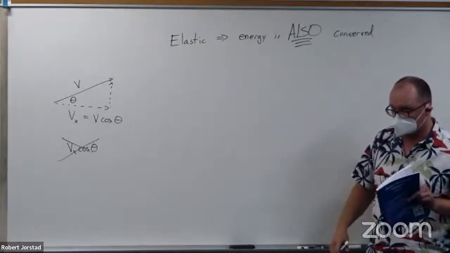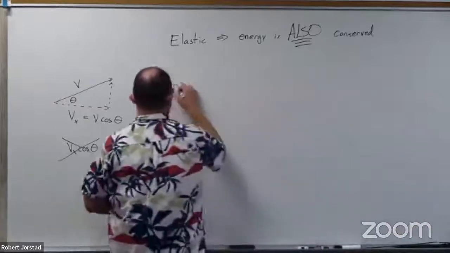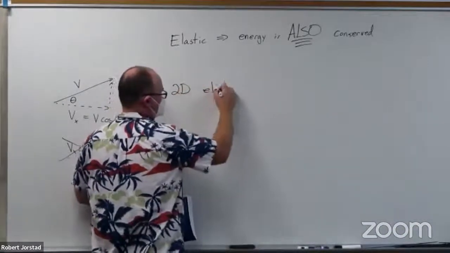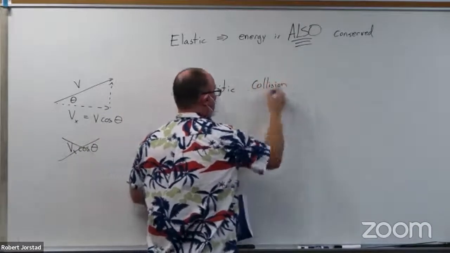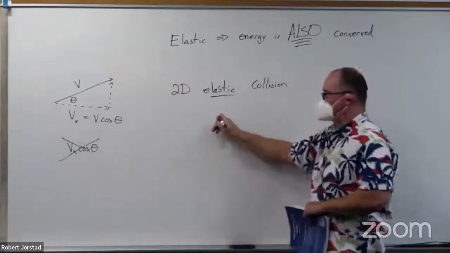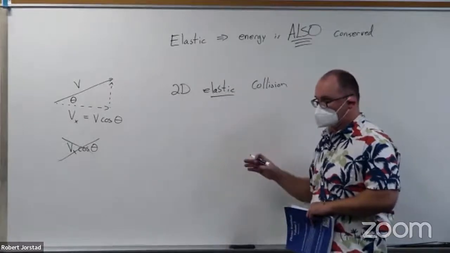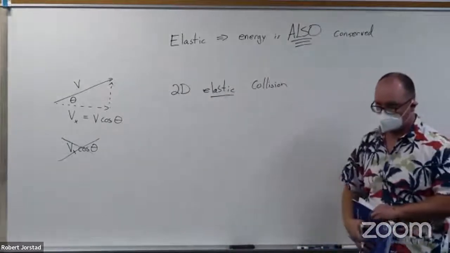So to be clear, if you had a 2D elastic collision, I'm not going to do a lot of these, but how many equations in theory could you write down out of that?